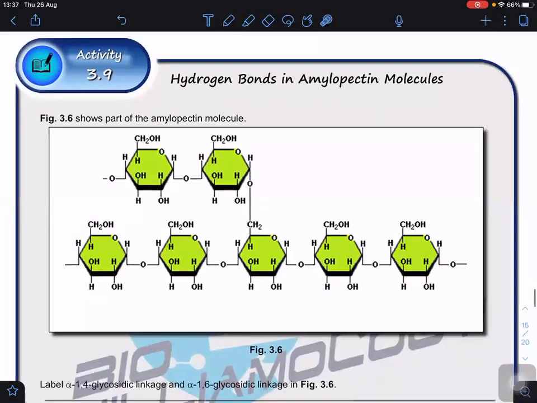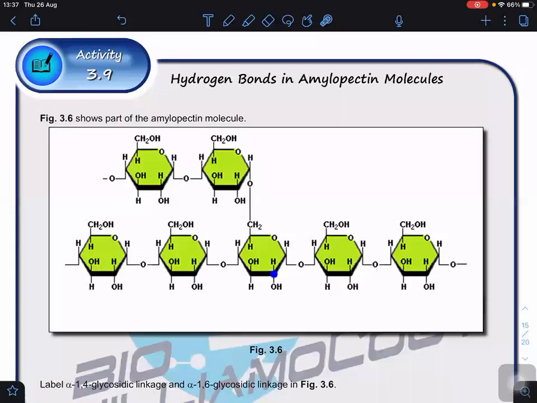So what will happen here is, look at this. This unbranched one is still carbon number 1, carbon number 4, 1, 4, 1, 4. So this is alpha 1,4 glycosidic bonds. Can you see that? But when you want to join one chain to another chain, can you see that? First chain to second chain, this is carbon number 1.